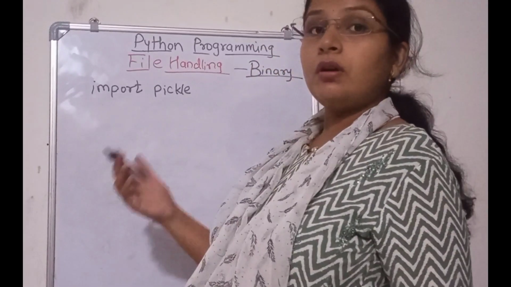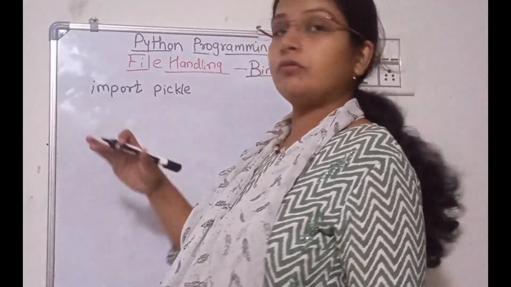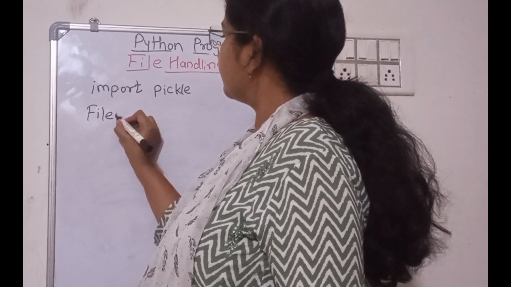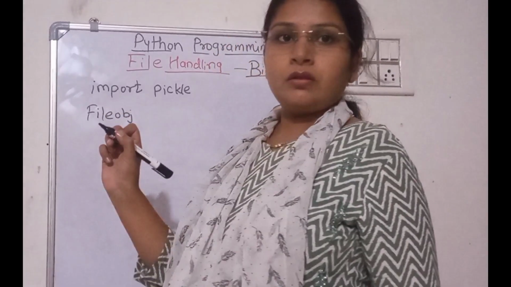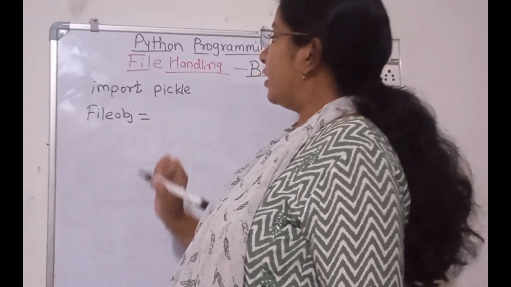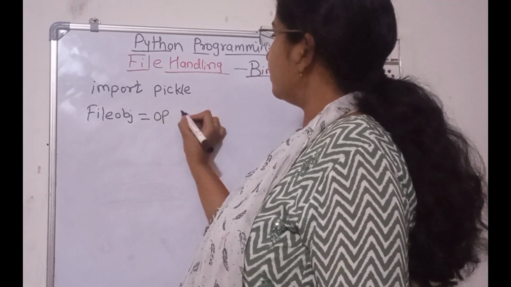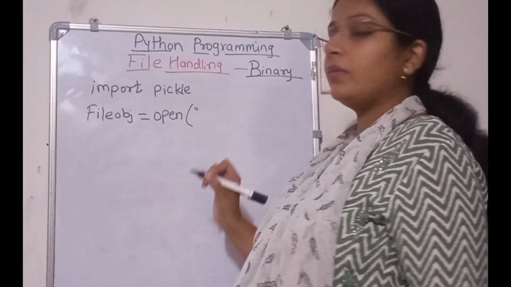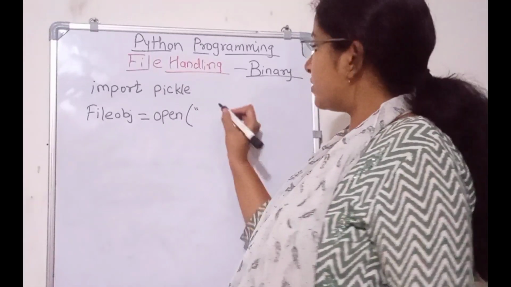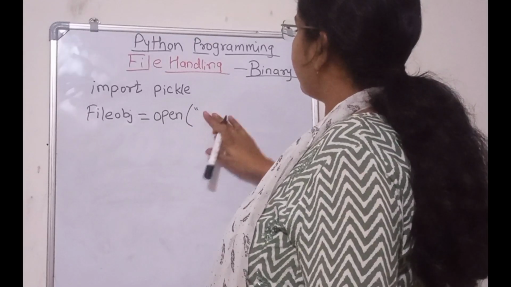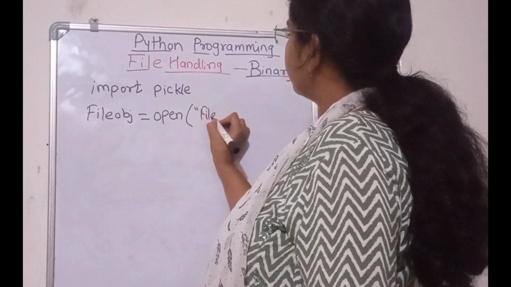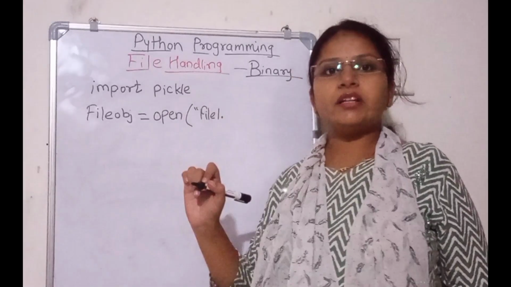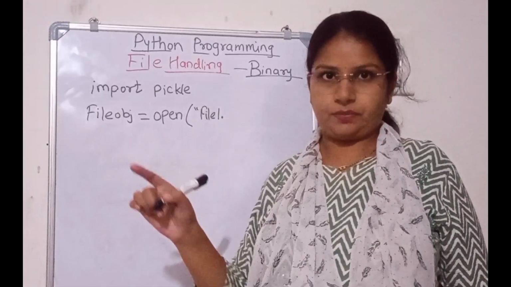So what is the syntax for opening the file? The syntax is your file object, which will be user defined, is equal to the open function, and then your file name in single or double quotes, same syntax. Here my file name is, suppose, file1 dot. Now for a text file your extension is txt, right?